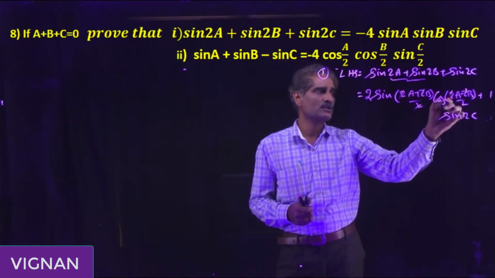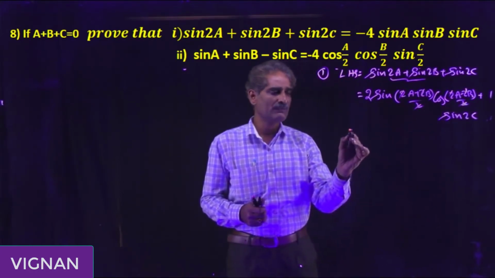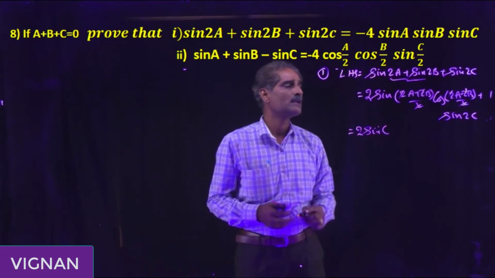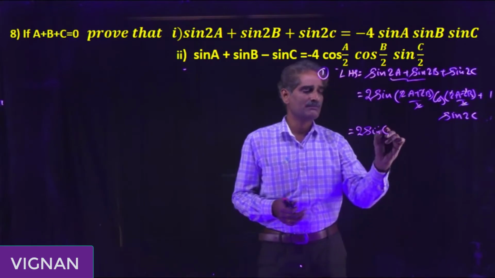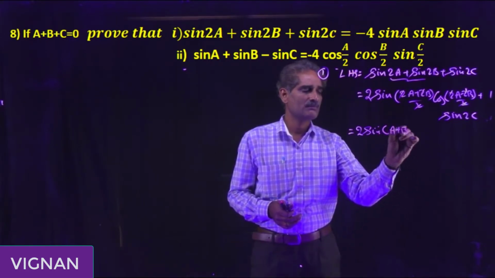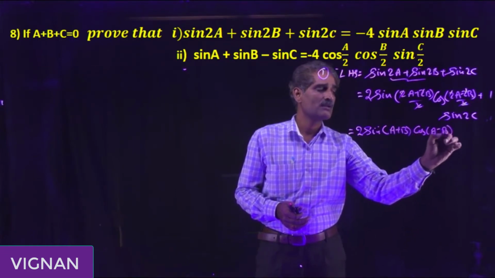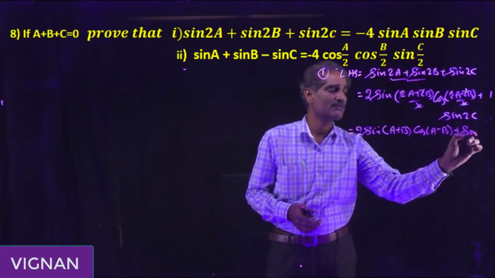Here also these 2 will get cancelled. Then the remaining is 2 into sin of a plus b into cos of a minus b plus sin 2c.